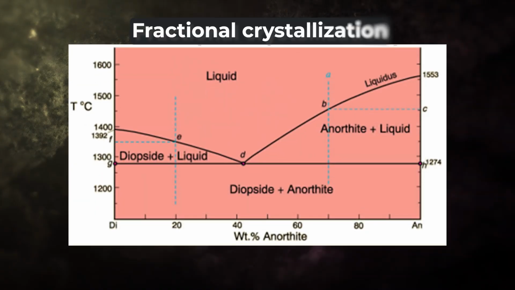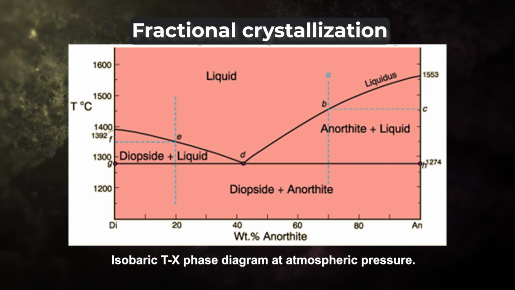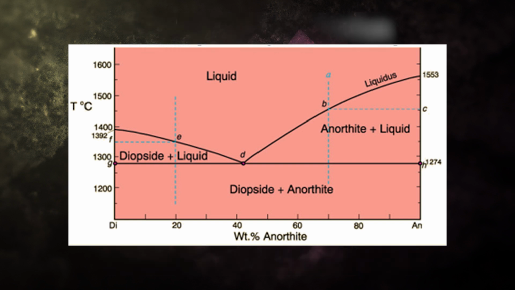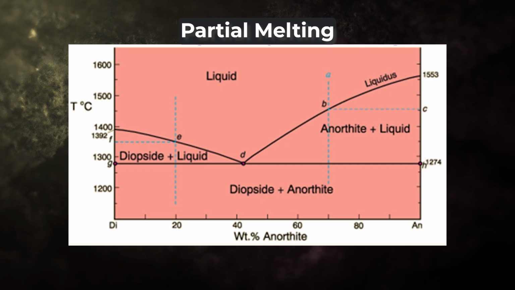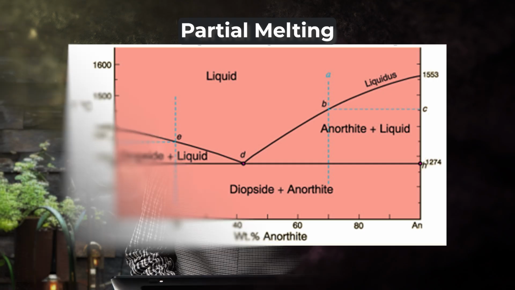Fractional crystallization can also be explained with the help of this diopside anorthite two-component magma system. The isobaric temperature-composition phase diagram at atmospheric pressure can explain the fractional crystallization. The partial melting can also be explained with the help of such phase diagrams.